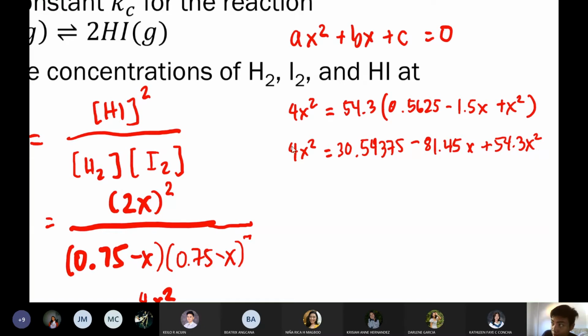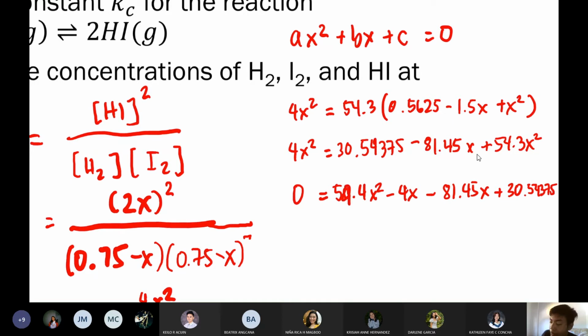Okay, so that this will all be equal to 0. So let's transpose 4x on the other side. So we get 50.4x squared minus 4x minus 81.45x plus 30.54375.